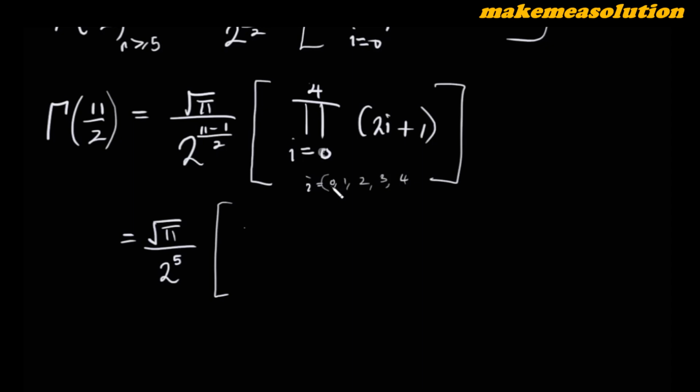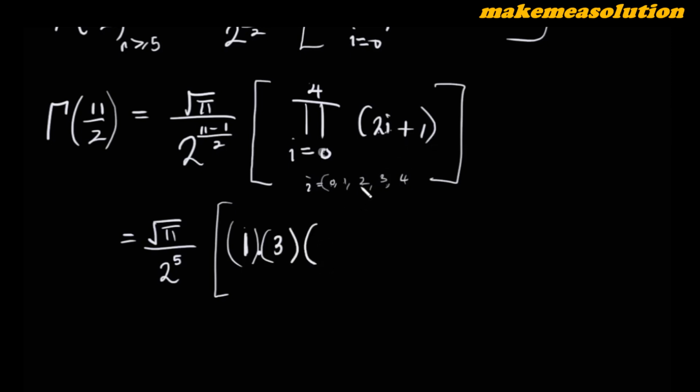I'll multiply the result for 0 with the results for 1, 2, 3 and 4. When i is equal to 0, I have 2 times 0, which is 0, plus 1, 1. I'll keep it there. Then when i is equal to 1, I'll have 2 times 1, which is 2, plus 1, 3.